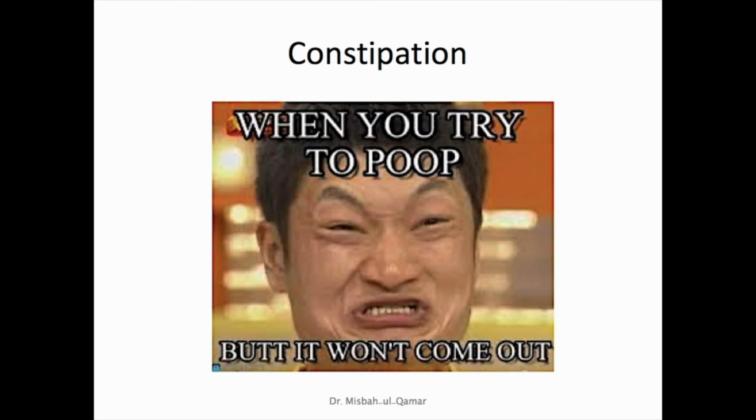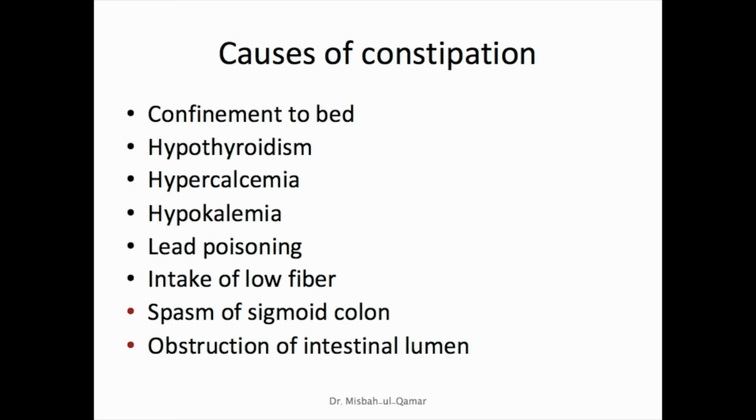It may complicate by causing inhibition of normal defecation reflexes, and it can result in vomiting and dehydration. Here is the list of causes of constipation, among which you may find some common reasons like low intake of fiber and inactivity, etc.